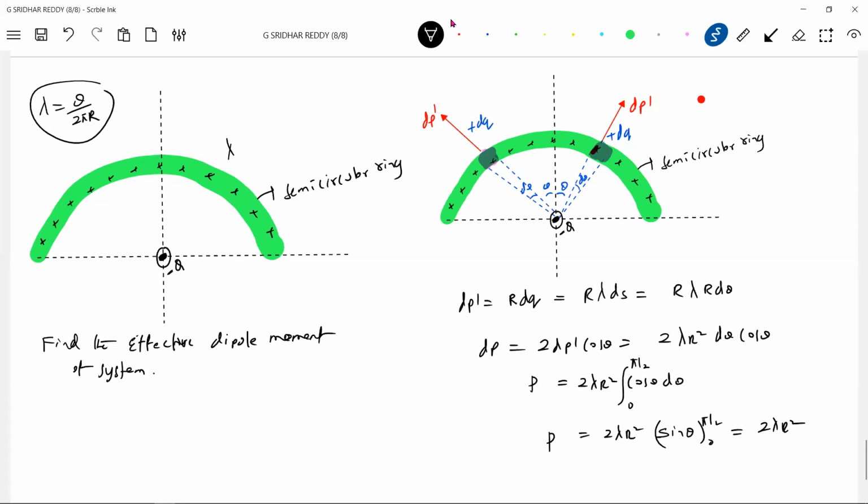What is lambda? Lambda we defined as q by 2 pi r. I should substitute back. 2 into q by 2 pi r, times r square. So this will become q r by pi. This is the net dipole moment. How will it be directed? Along the y-axis.